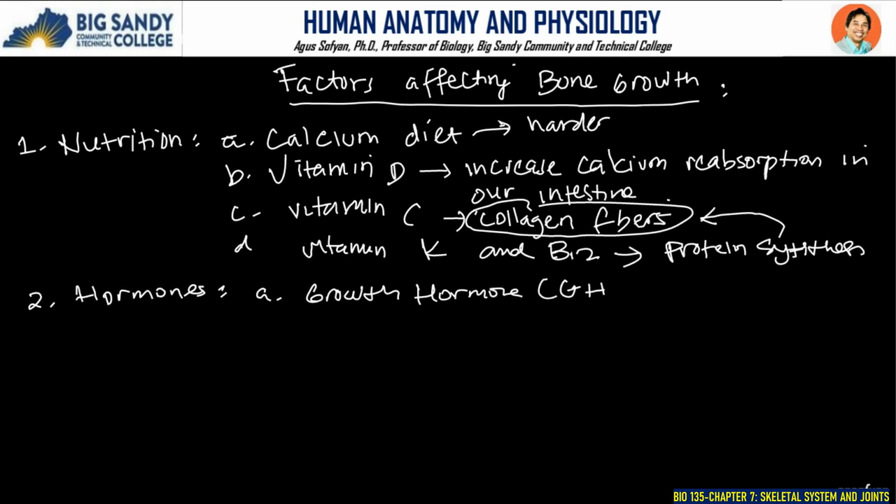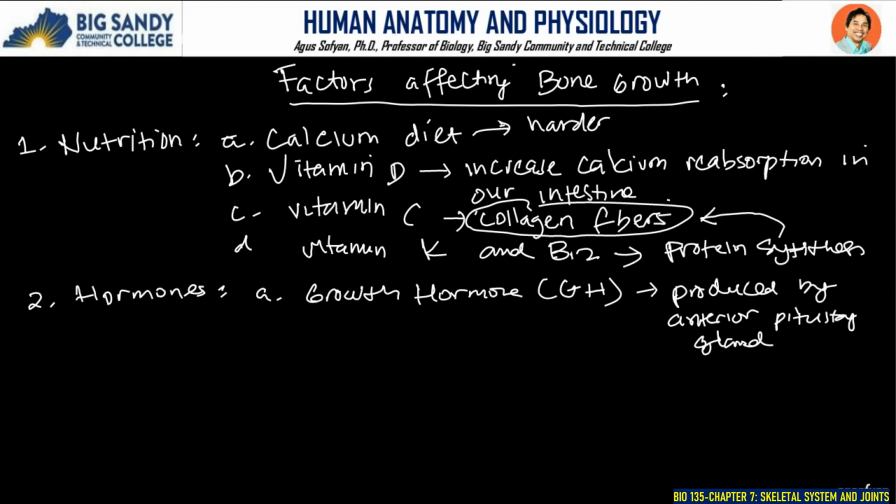Okay, growth hormone is produced by the anterior pituitary gland, which is the gland that's located under our brain. Okay, this is close to our brain. So this growth hormone is really important for the growing of the bone.